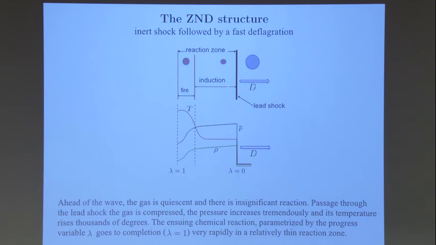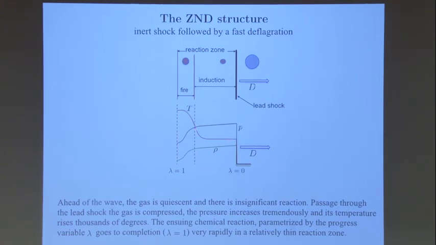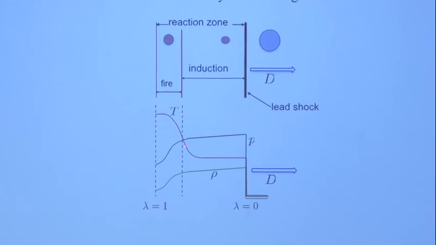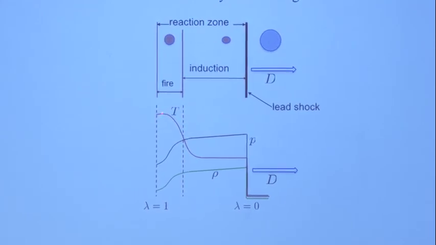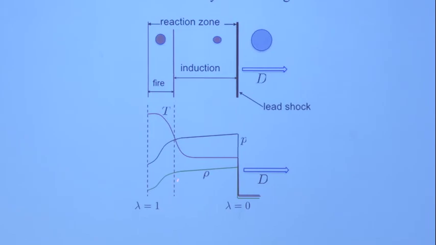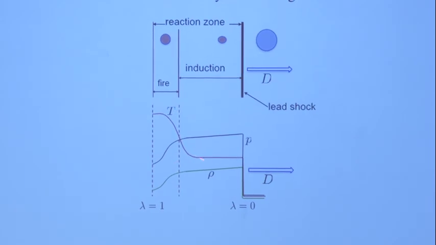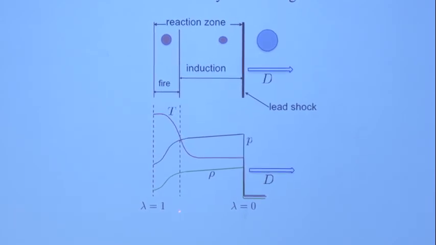So what happens is, like in a flame, you would have the temperature start to increase, and often there is an induction region. It takes a certain distance before it reaches, let's say, an ignition temperature, and then it reaches the maximum temperature, right? In this region, which is very similar to a deflagration, you expect that the density drops and the pressure drops, as it should in a deflagration.